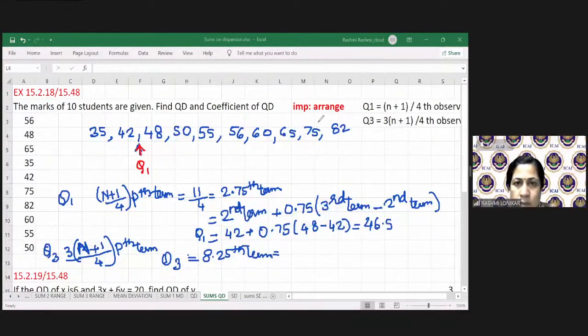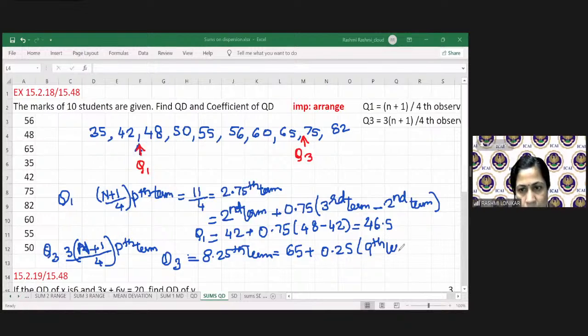Okay, so I have to see. Here my Q3 is going to come, so for that it is 65 plus 0.25 into the 9th term minus the 8th term.